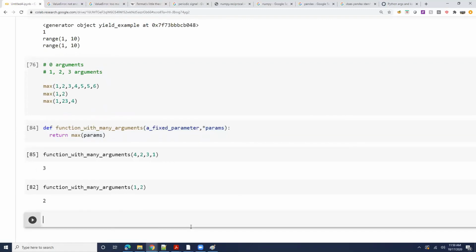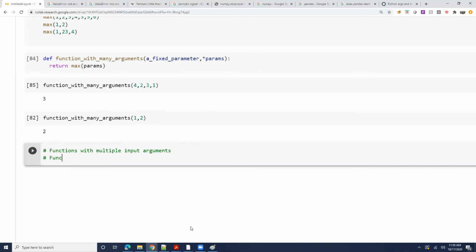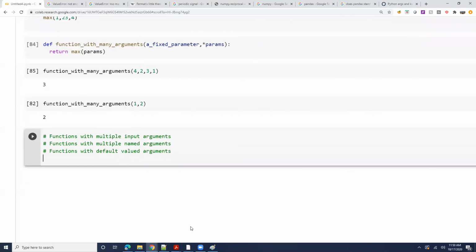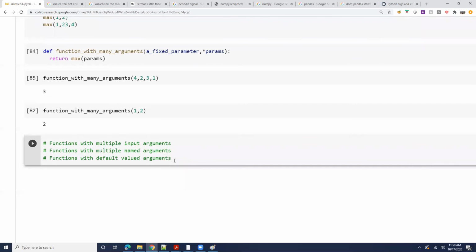So if you want to study something before next class, you can try to learn about this: functions with multiple input arguments, functions with multiple named arguments, functions with default valued arguments. This is what we'll study in next class. I think we already discussed this a little bit in last class, but we'll study this in next class.